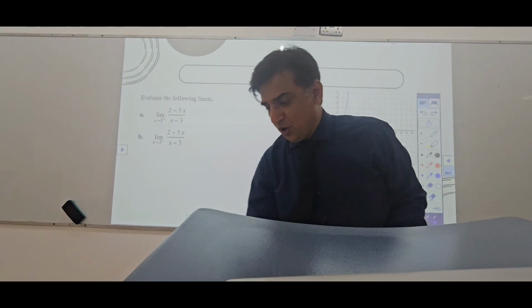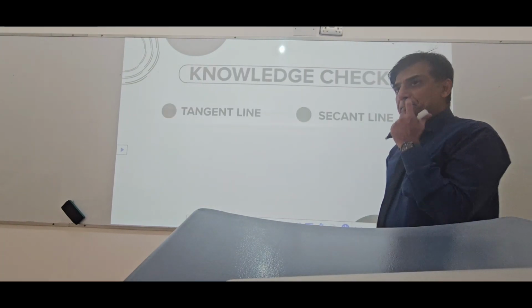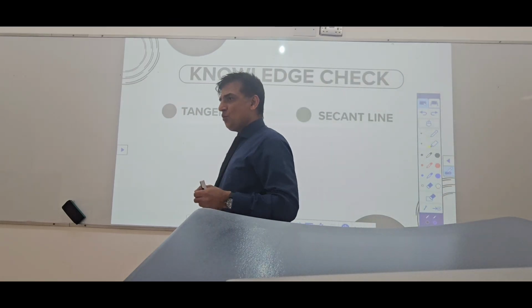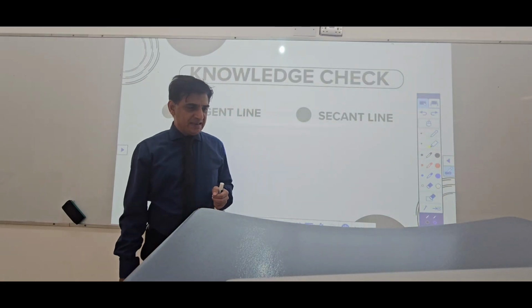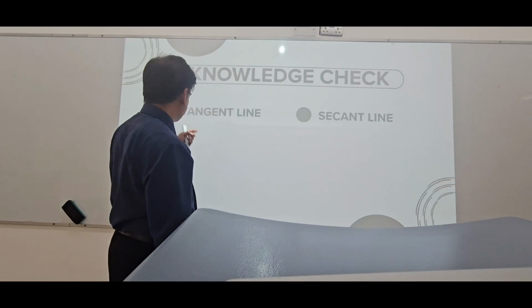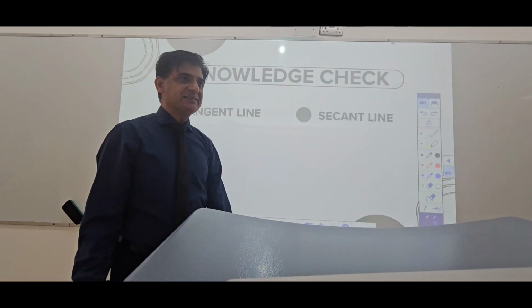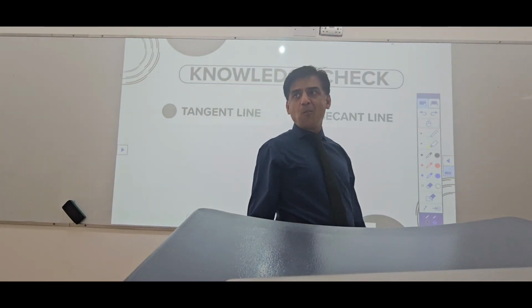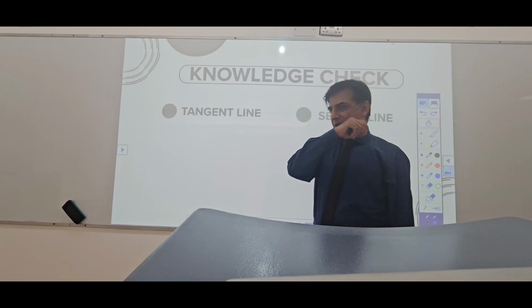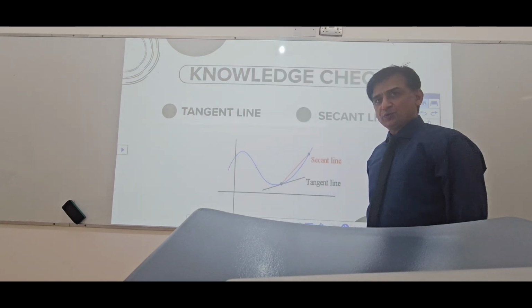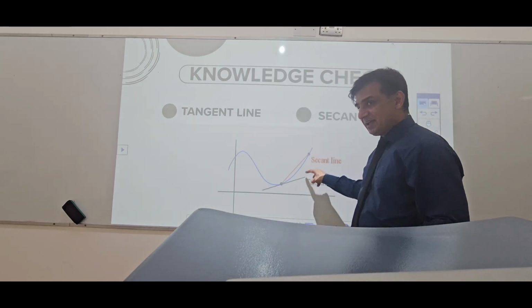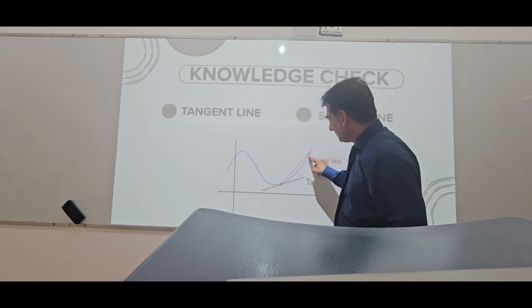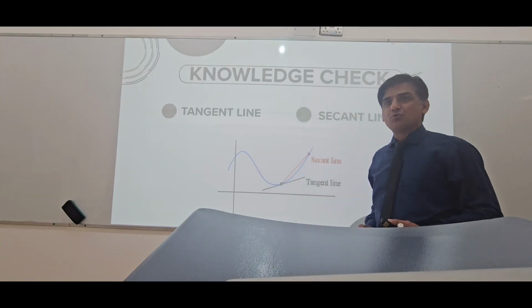Right, moving on. Can anyone remind me of the difference between the tangent line and the secant line? Anyone? Right, you are right. The tangent line is a line that touches the curve at exactly one point.